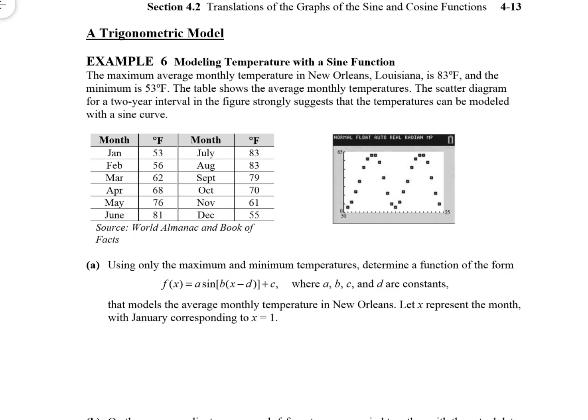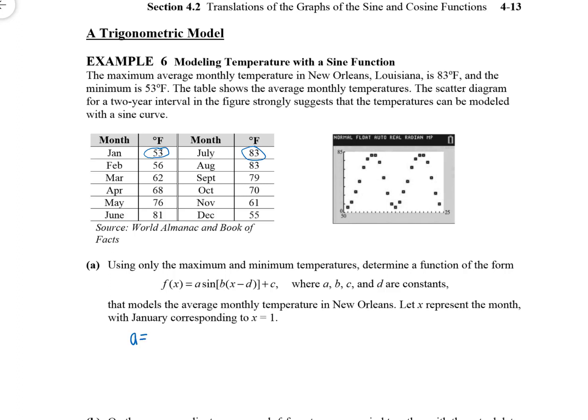To do that, we have to find A, B, C, and D. Now remember that A is the amplitude. To find the amplitude, we're going to use the maximum and the minimum average monthly temperatures. So if we look at the table, do you see how the minimum is 53 and the maximum is 83?